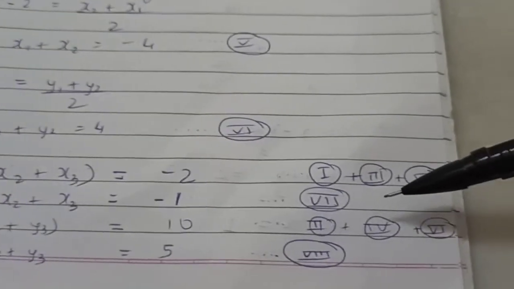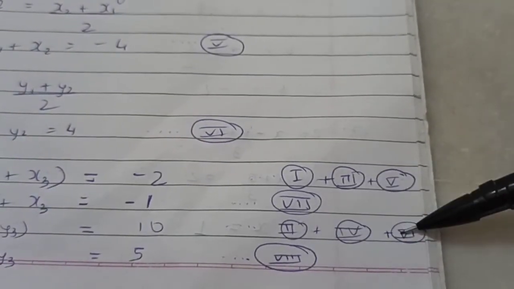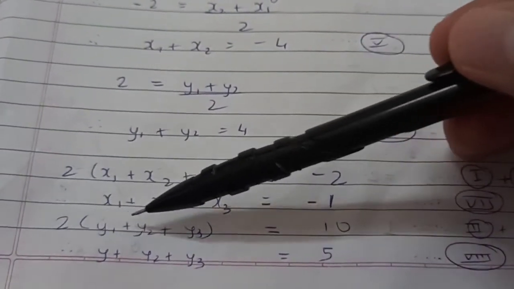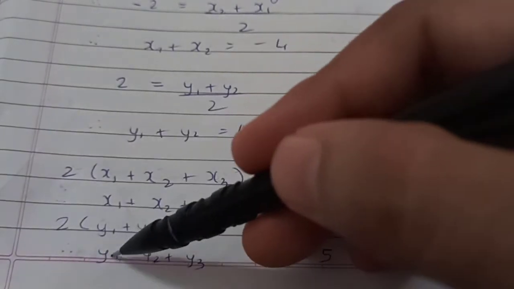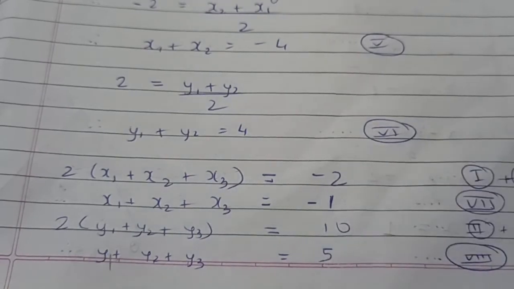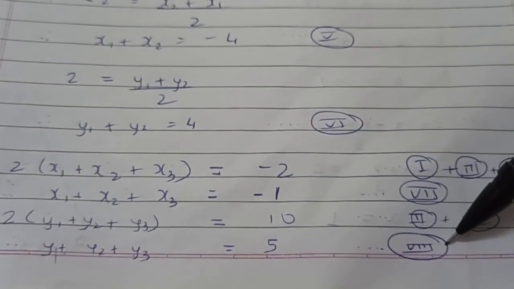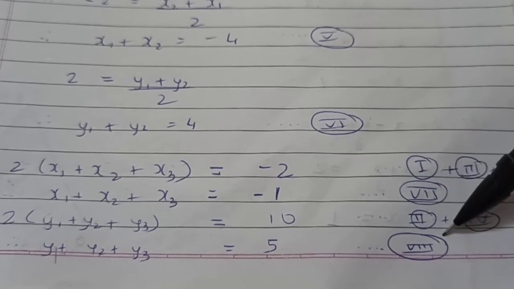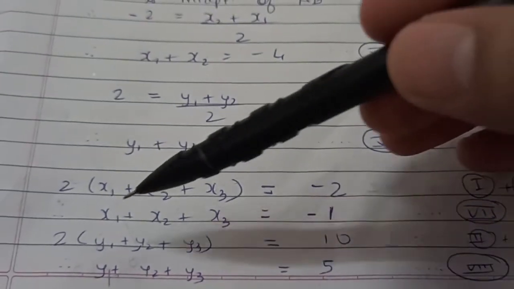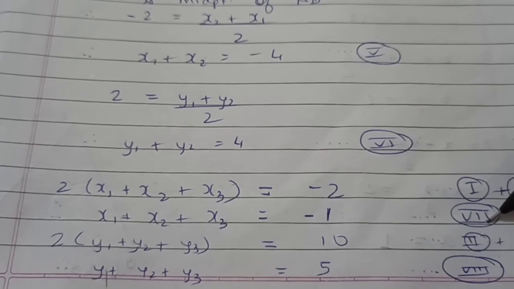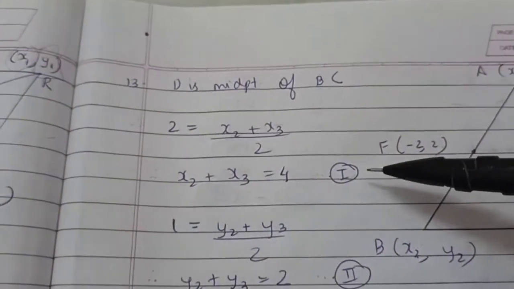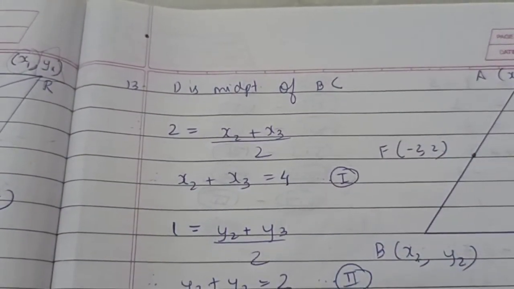Similarly, if I add equations 2, 4 and 6, I am getting twice of y1 plus y2 plus y3 is equal to 10. That means y1 plus y2 plus y3 is equal to 5. That is equation number 8. Now the reason why I got these new equations 7 and 8 is because further calculation will be easy. Notice here I have x1 plus x2 plus x3 in equation 7. And in equation 1 I have only x2 plus x3.